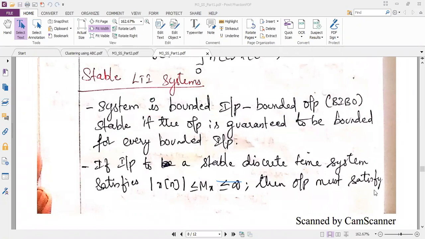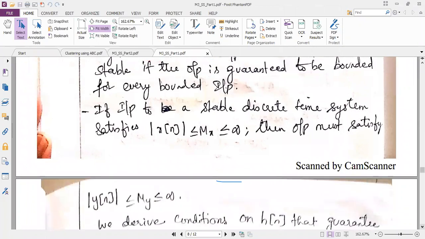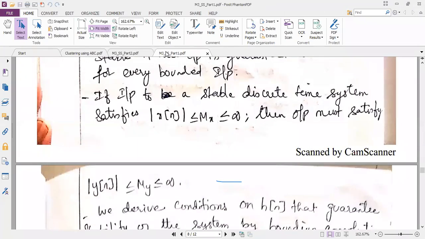So I'm going to start with the equation. You know how to represent the condition of stability in terms of an equation. For a stable discrete time system, it satisfies the condition we have seen in the previous module: the magnitude of x of n is less than or equal to mx, which is less than infinity.